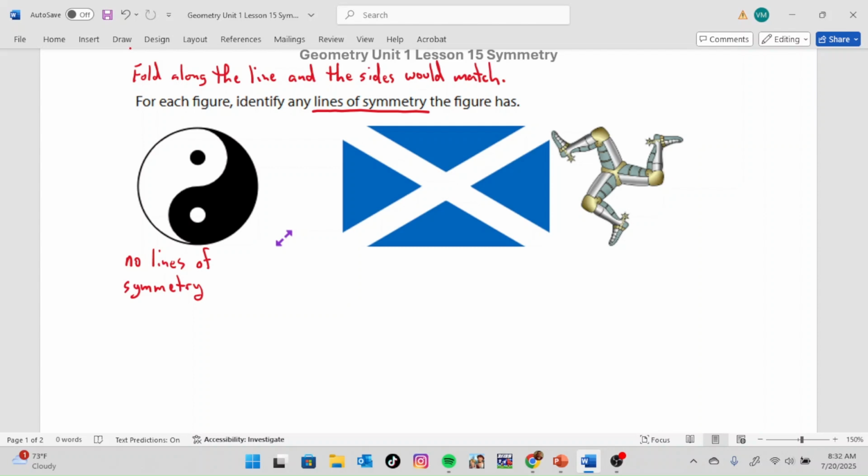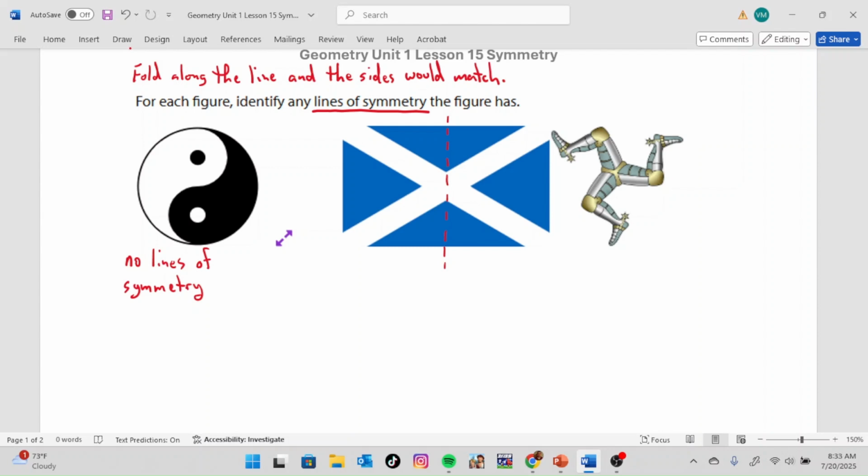Now, on the second one here, I believe this is the Scottish flag, or it at least looks a lot like it. If I drew a vertical line right down the center, then when I folded it left over right or right over left, this blue triangle on the sides would line up with each other.